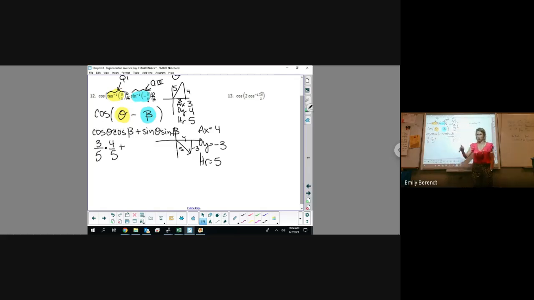Plus, now we have a trig word of sine. A normal trig word followed by an angle gets replaced with a ratio. The ratio for sine is opposite over hypotenuse, but make sure you use theta. So we're going to have 4/5 times the sine of beta, which gets replaced by the ratio opposite over hypotenuse, but make sure you use beta's values.